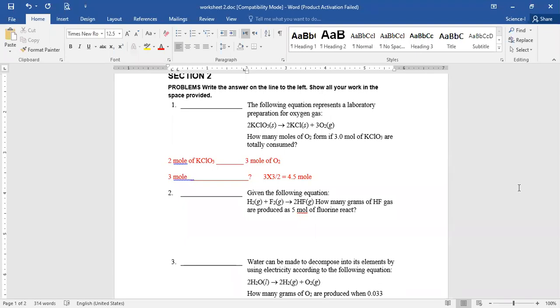Lulwa. Sama? Yes, sir, mister. Could you try to please to answer this with me? He asked you, okay, how many grams of hydrogen fluoride gas are produced as 5 mole of fluorine reacts. So regarding to the equation, how many moles of fluorine produce how many moles of hydrogen fluoride?